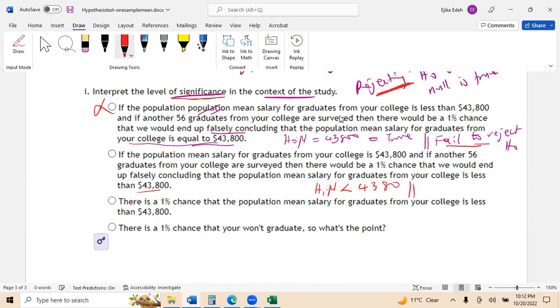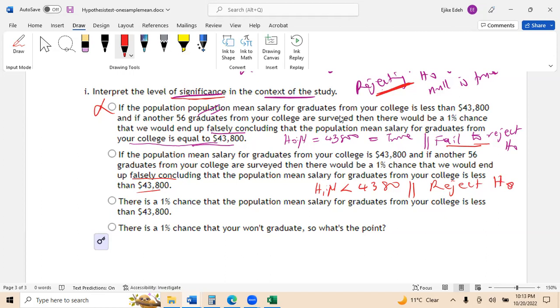So to falsely conclude that the alternative hypothesis is true means you rejected the null, because if you reject the null, then you will conclude that the alternative is true. But it is an error because we falsely concluded that the alternative is true, which means we rejected the null hypothesis, we rejected H0.